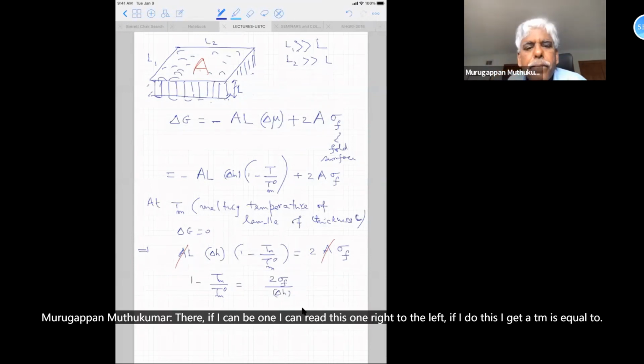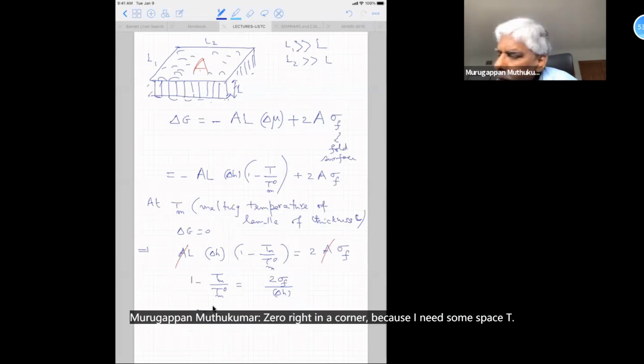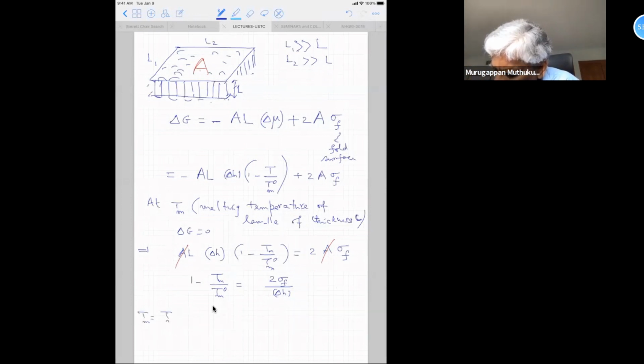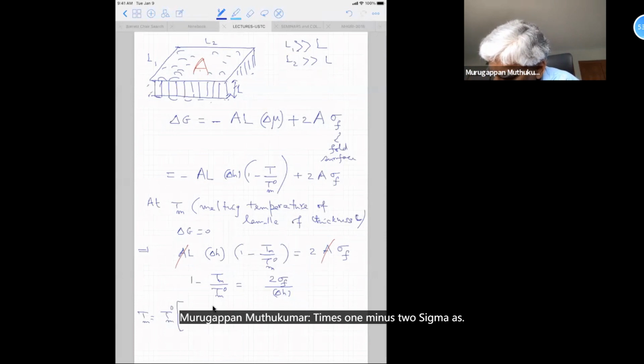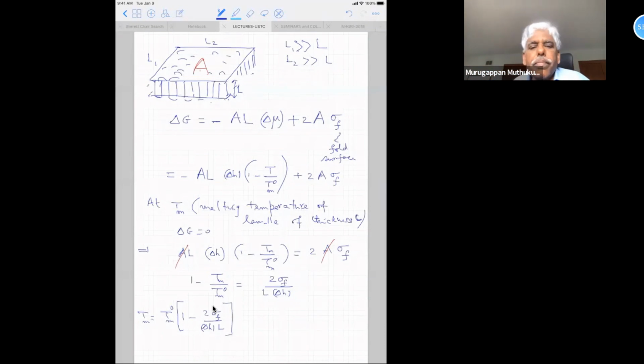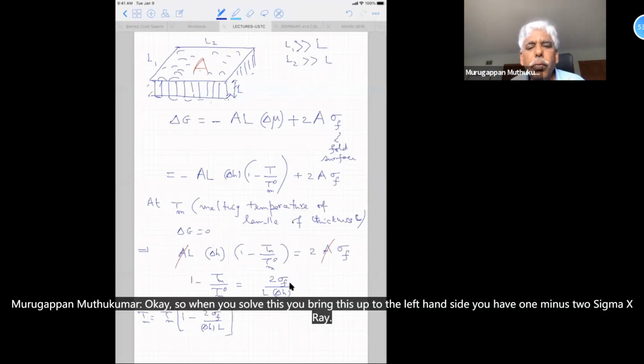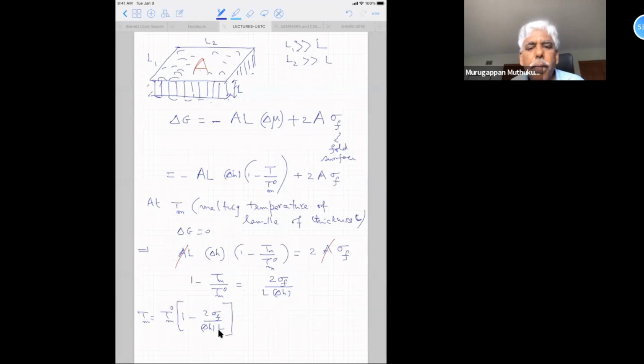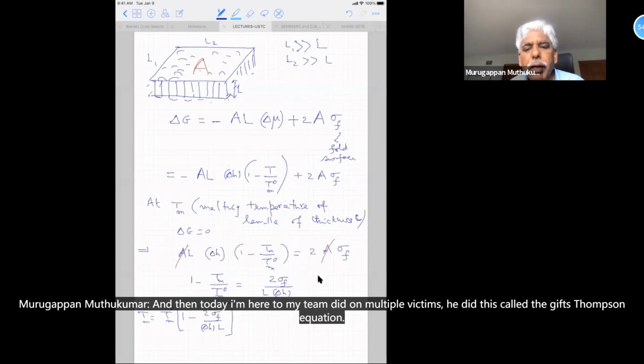Therefore, I can bring this to the left, and I get Tm is equal to Tm0 times 1 minus 2 sigma F divided by L delta H. Since I have Tm by Tm0, I multiply by Tm0. So this is called the Gibbs-Thomson equation.